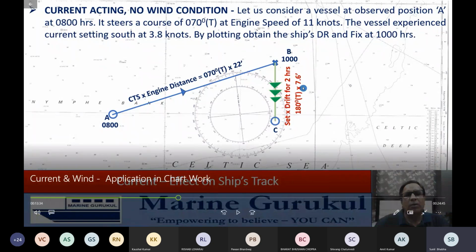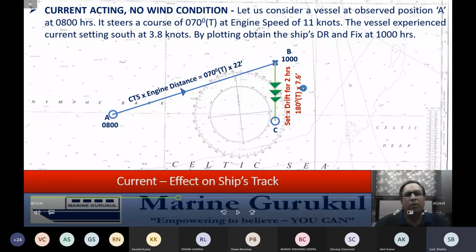Okay, so this is also clear, beta. At point B, we have applied the current vector, which is basically the set and drift of the current for 2 hours. So that is where we require our position after 2 hours from 8 o'clock. So any doubts up to here, beta?